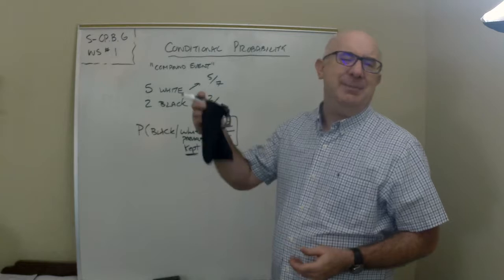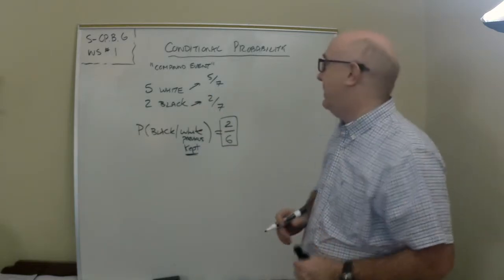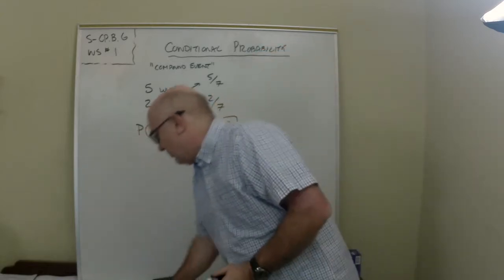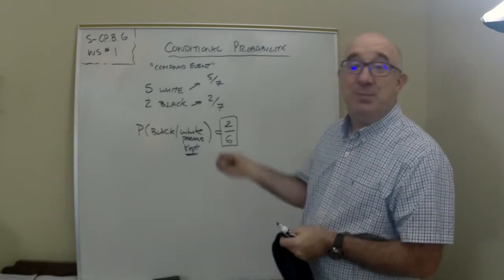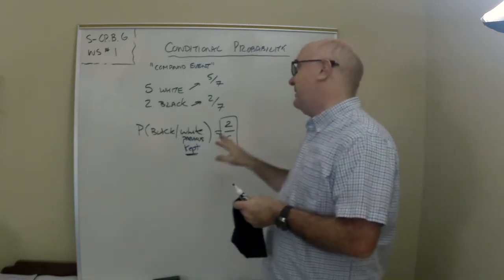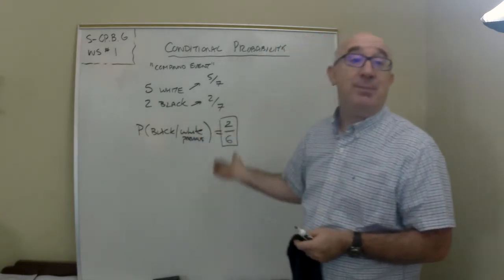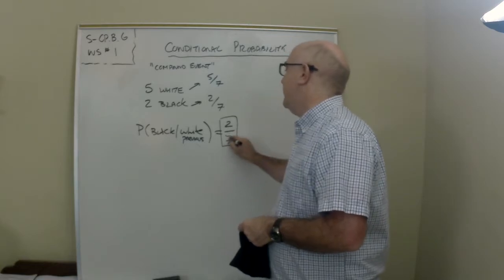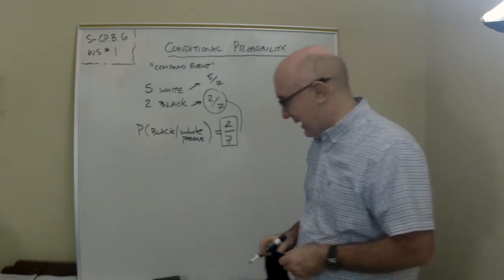But if one thing impacts the other like that, then they are not going to be independent. Now, let me just show you a nice little trick. Let's grab that white marble and put it back in. Had we put the marble back in and then said, what's the chances of getting black given that we had a white but put it back? Well, actually, then we would have an independent world because those things are going to stay the same.